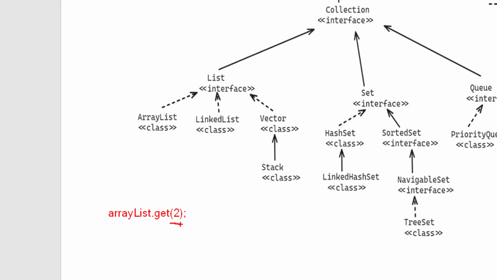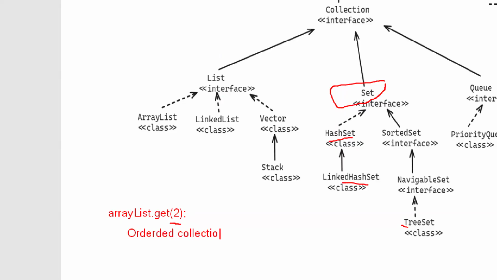But can I execute that same operation on set now? Maybe it is a hash set or linked hash set object or tree set object. Can I execute this type of operation based on index? Answer is no. Because a list we call an ordered collection.